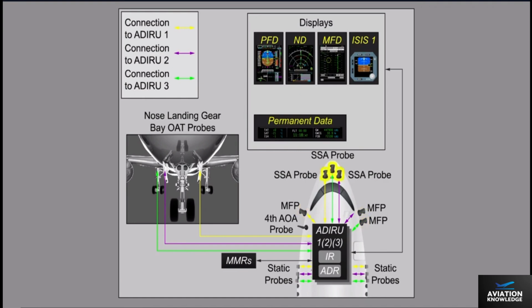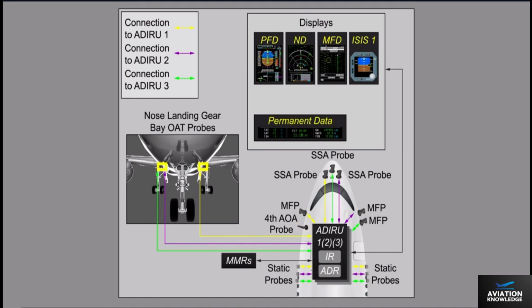One side slip angle, SSA probe, per air data reference provides the side slip angle. 2 static probes per air data reference provides static pressure. A 4th angle of attack, AOA probe, provides additional angle of attack measurements. 2 outside air temperature, OAT probes, provide static air temperature on the ground only.